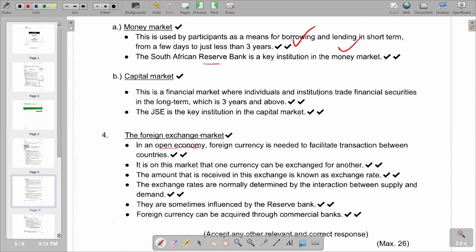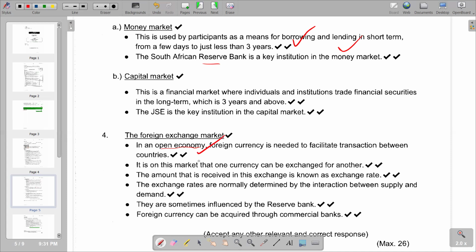For a country to engage in international trade, it has to have foreign currency to buy goods from other countries, so it has to penetrate the foreign exchange markets to acquire those currencies.